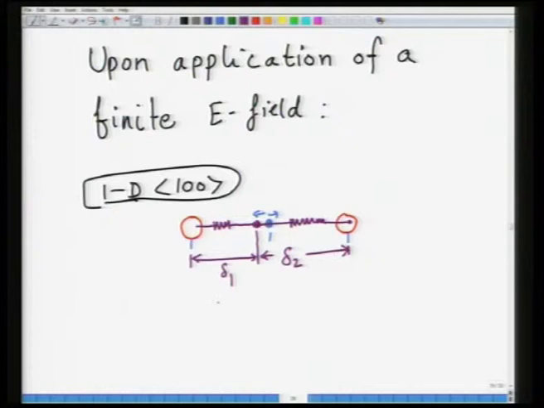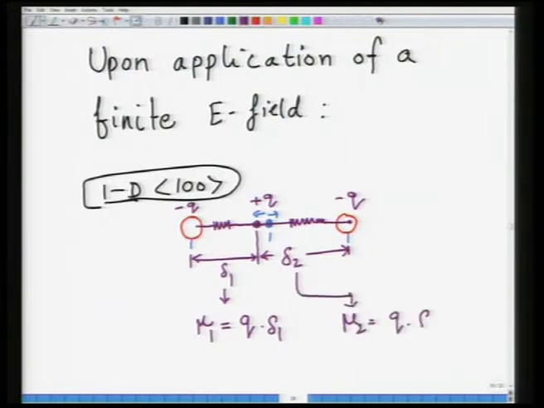So, this would give rise to mu 1, which is q, let us say. So, this is minus q, this is plus q, this is minus q. Okay. So, this would give rise to q dot delta 1 and mu 2 would be q dot delta 2.